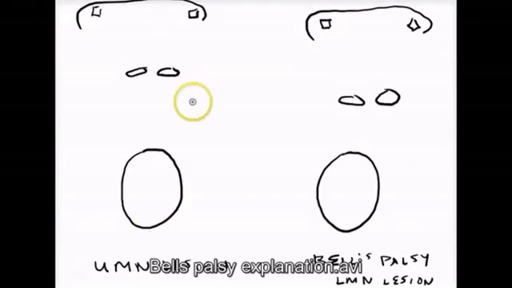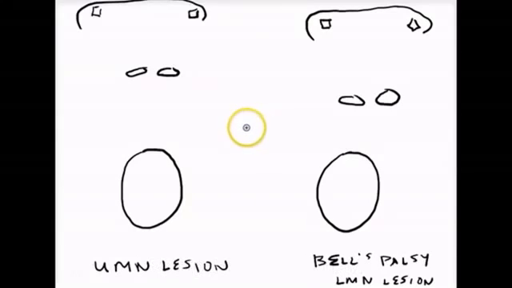Now we'll discuss the difference between an upper motor neuron lesion and a lower motor neuron lesion and how it affects the side of the face. So what we need to realize, first of all, is that we have innervation from the corticobulbar tracts, from the contralateral side. Now, what you see here is the cranial nerve 7 nucleus.